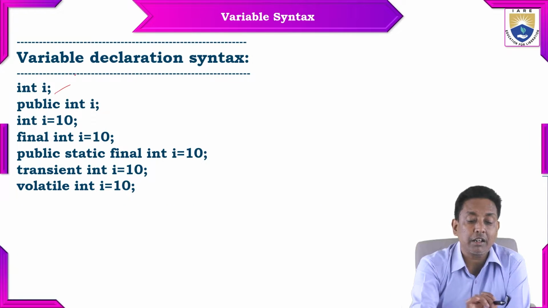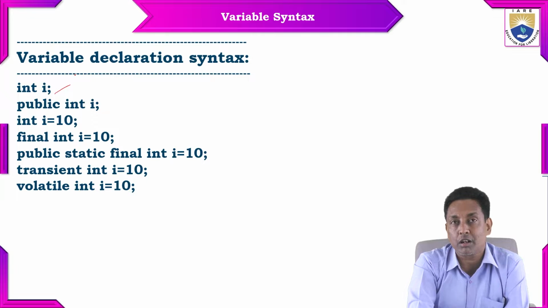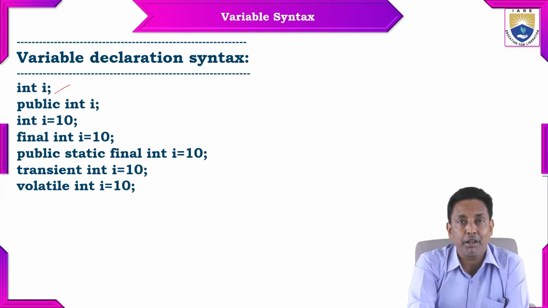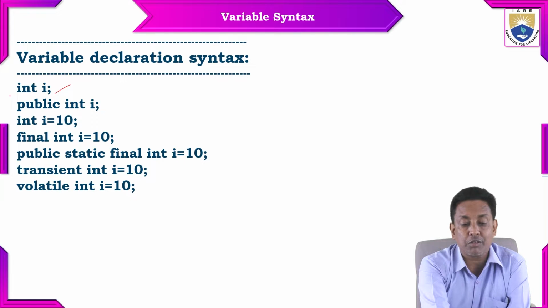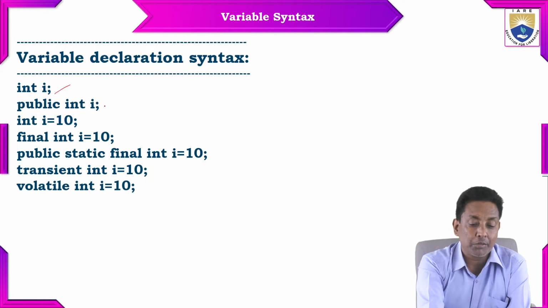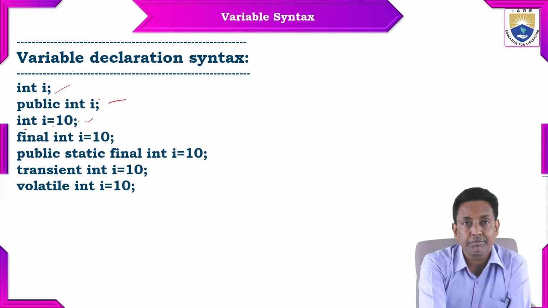So here I declared the int i variable. Only its data type and variable name are involved here: no access specifier is prefixed, no access modifier is prefixed, and no initial value is assigned. Then, access specifier, data type, variable name. Then data type, variable name is equal to its value. Next, access modifier final, data type, variable name is equal to value.